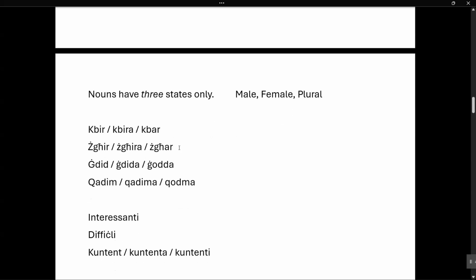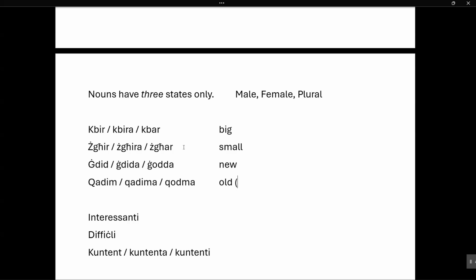We have some examples over here. Gbir, gbira, gbar. In English, this all translates to big. But in Maltese, one is for the masculine, one is for the feminine, and one is for the plural. Zghir, zghira, and zghar. Small. Jdid, jdida, godda. New. Qadim, qadima, qodma.